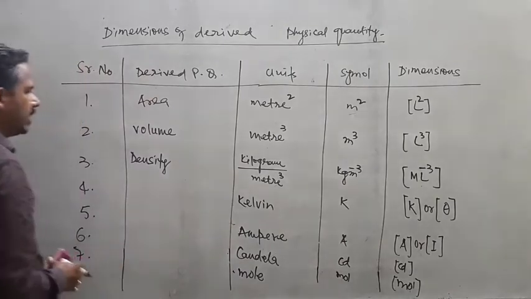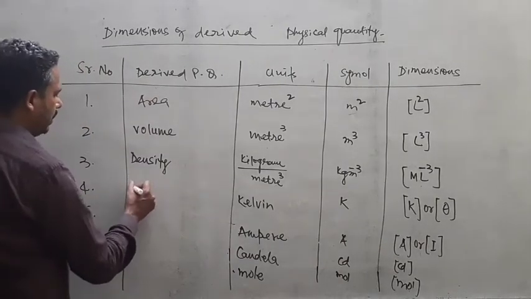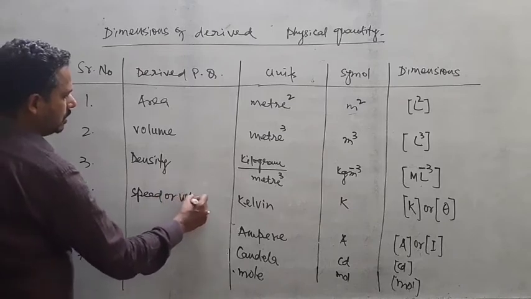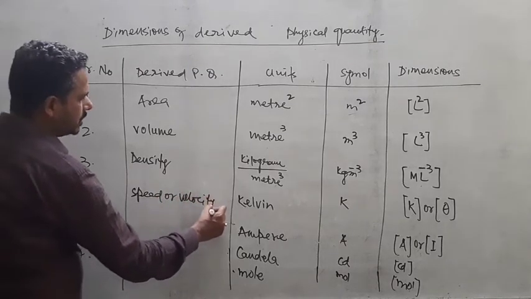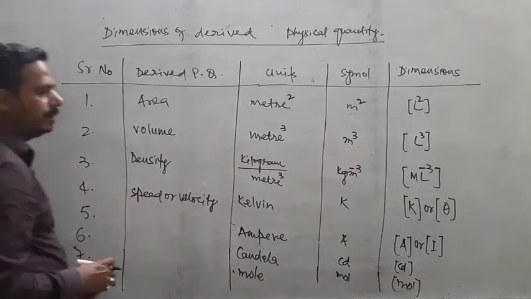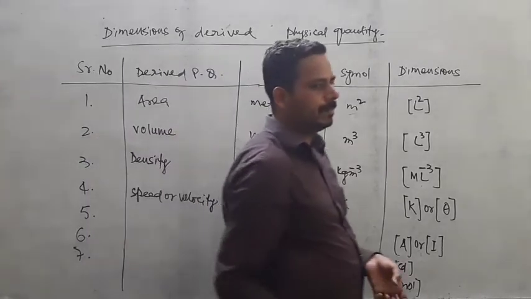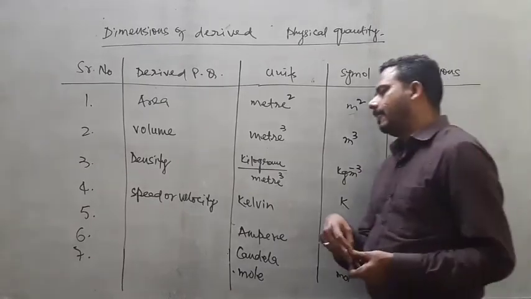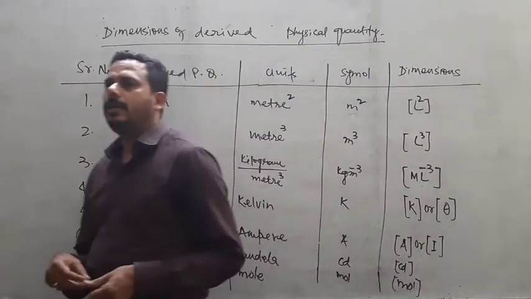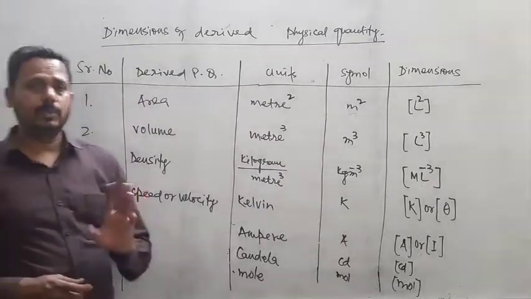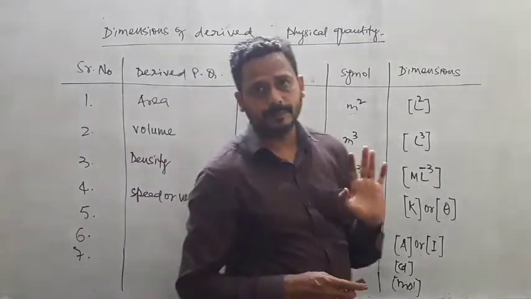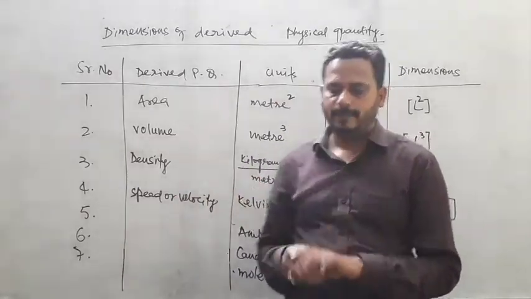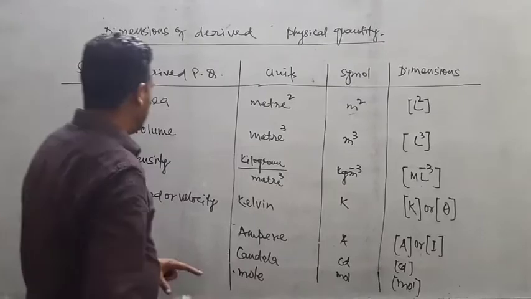In the same way, suppose you have speed or velocity. Speed is distance by time, and velocity is displacement by time, but both have the same unit, meter per second.